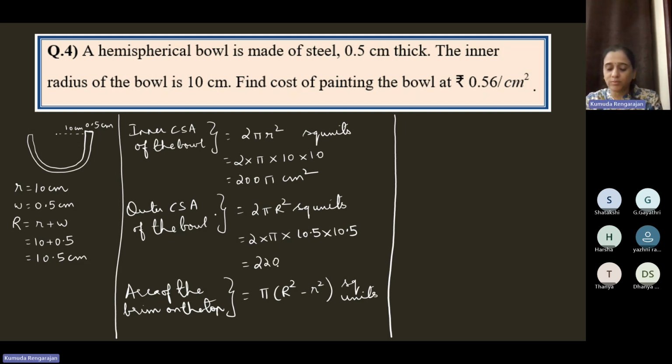Correct. So when you place the decimal point, not 2000, it is 220.5. 220.5 pi.